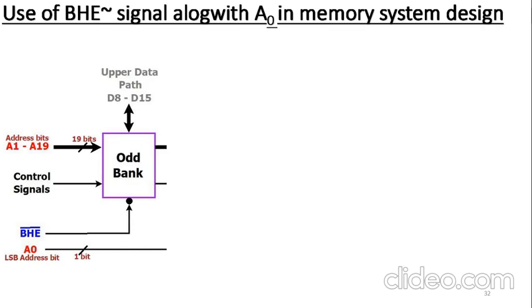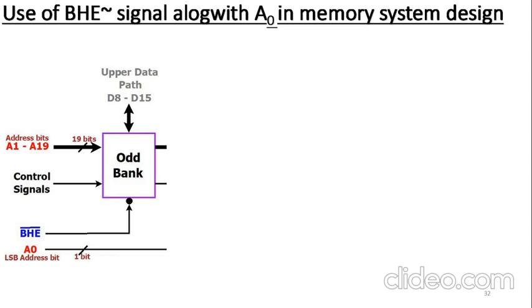A part of that memory system has been shown here, showing the odd bank. We know that in the 8086 processor, we have memory banking: an odd bank of 512 kilobyte and an even bank of 512 kilobyte. Out of that, the odd bank is shown here.